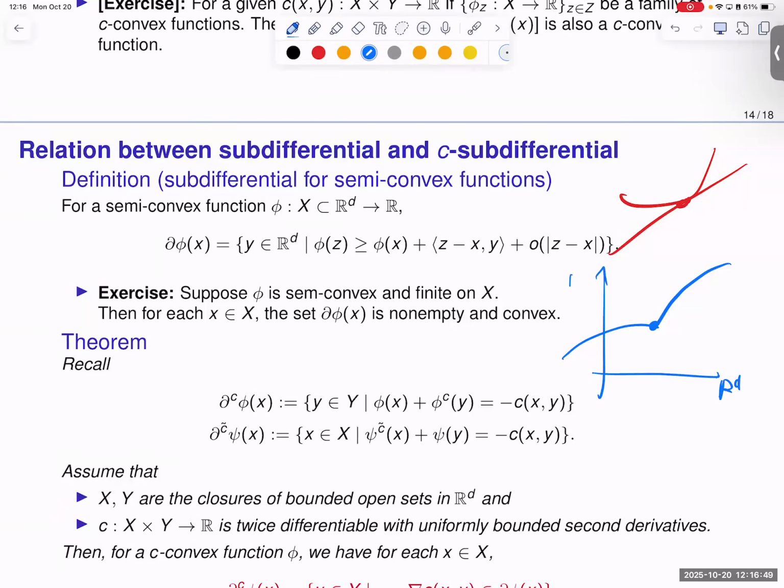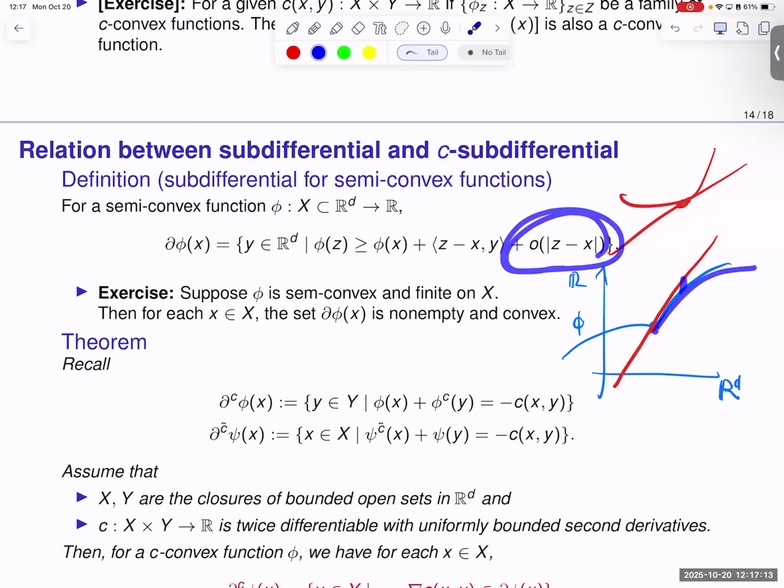So this is a graph of a semi-convex function, but then you can have a supporting hyperplane this way. It is not exactly supporting because it goes beyond the function phi, but the error between the supporting hyperplane and the original function is small. So in that case you can still define the subdifferential, and it has the same nice properties as the usual subdifferential for convex functions.